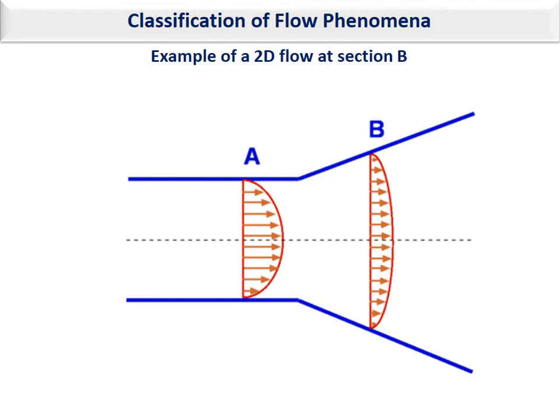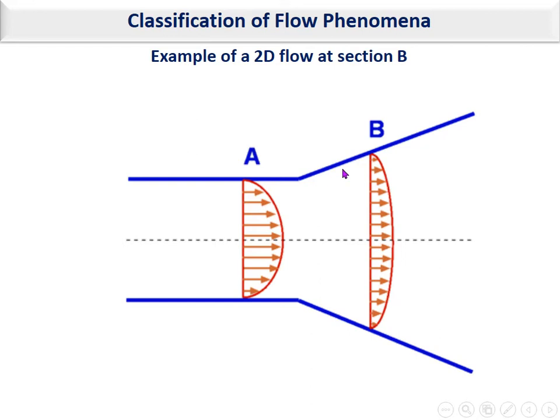Here you can see an example of a two-dimensional flow. For example, if the flow here, as I discussed before, is the flow of a liquid which is fully developed in a constant cross-section pipe, then it's a one-dimensional flow because it only depends on R or Y, whichever you name it.